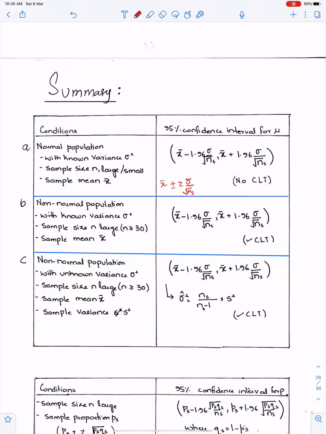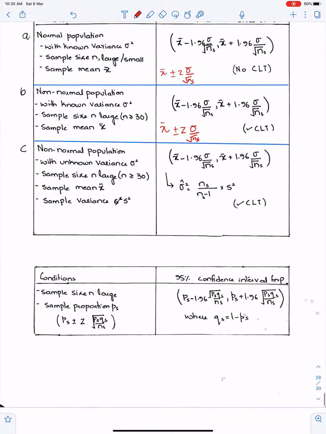This is the formula of the confidence interval for case A. This is x bar plus minus z sigma over root n, because this is according to CLT. And this is x bar plus minus, sorry, z then sigma cap over root n.